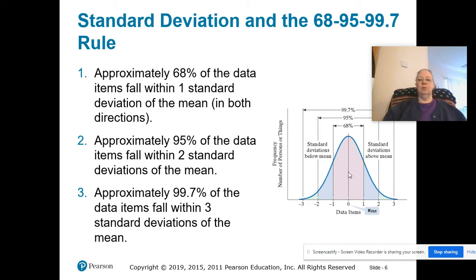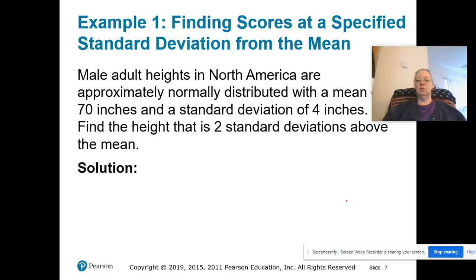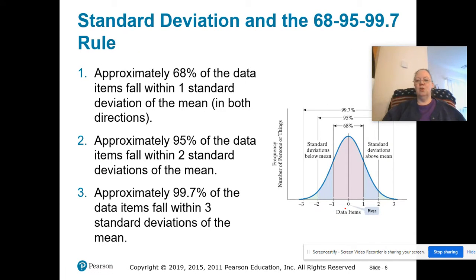Let's suppose we have a mean of 0 and a standard deviation of 1, just to make it easy. So this would be 1 standard deviation above the mean, and -1 would be 1 standard deviation below the mean.